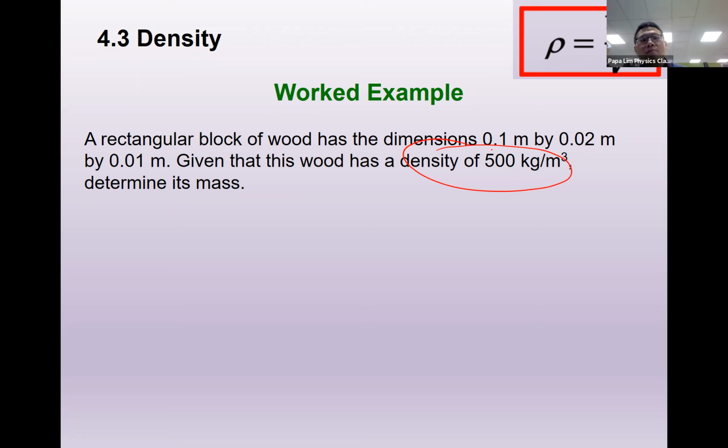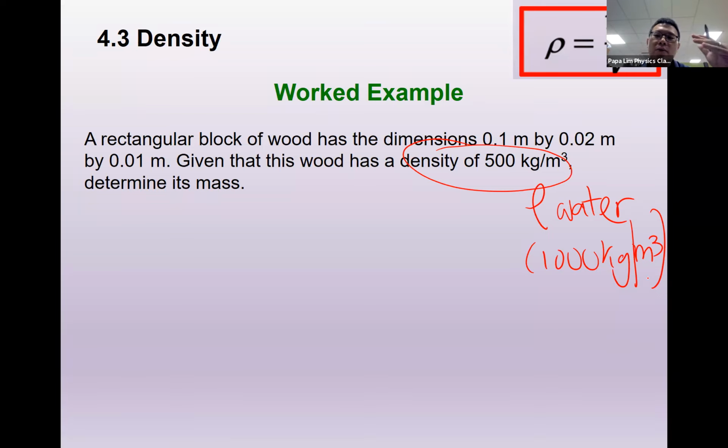In a general context, water density is 1000 kg per meter cube. If you look at the density of wood, which is 500 kg per meter cube, you will find that no matter what the mass of the wood, coupled with the volume of the wood, the ratio of these two combinations gives rise to what we call the density of wood.